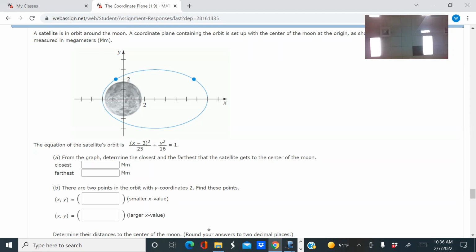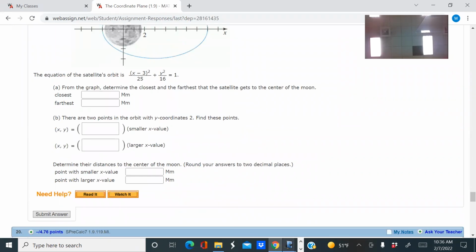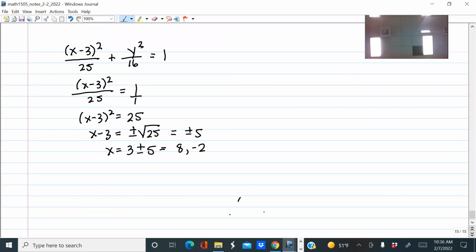If you go across to the curve, there are 2 points there that have y coordinate 2, and they want to know, what are the x coordinates of those points? What are both of those points? So what do we do there? Yeah, okay. Instead of setting y to 0, we would set y to 2.